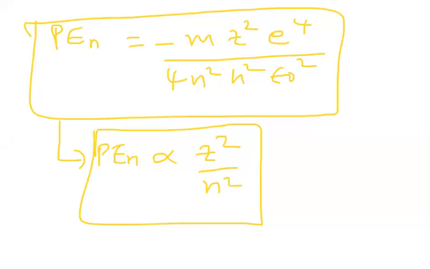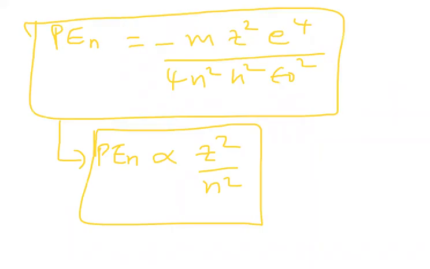Now our next target is total energy. What is the total energy formula? Total energy is potential energy plus kinetic energy. Already we got the expression for potential energy. What is it? Just now we observed: minus m Z square e power 4 by 4 n square h square epsilon naught square.